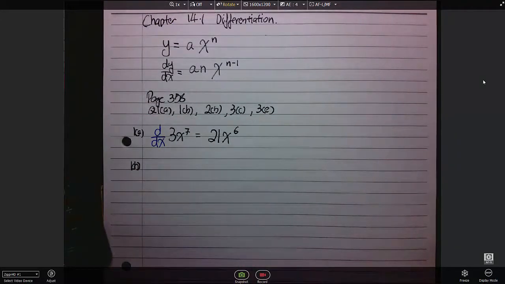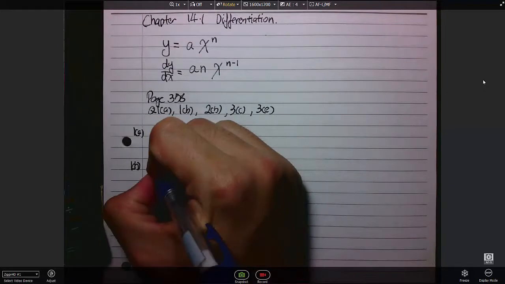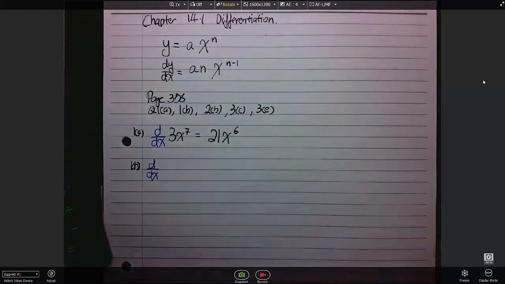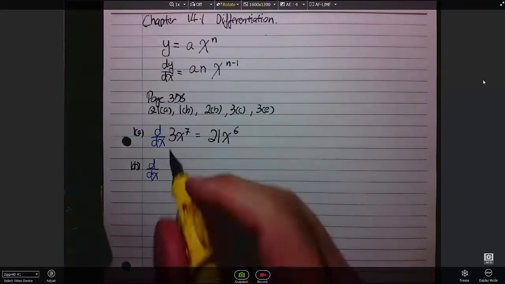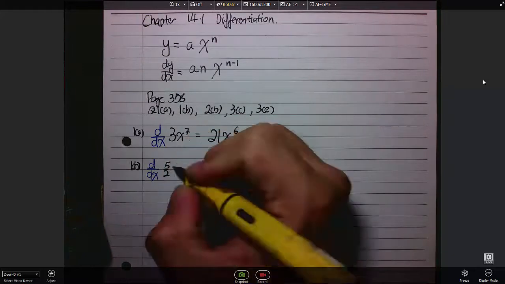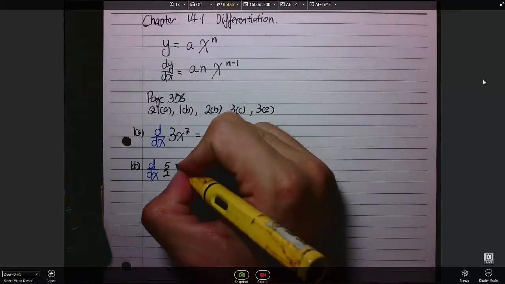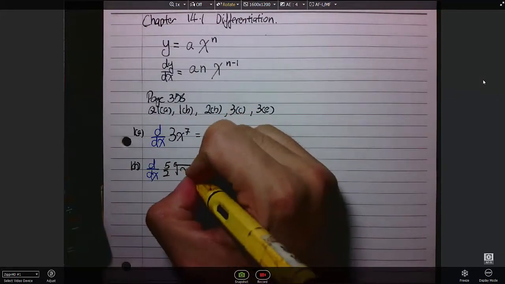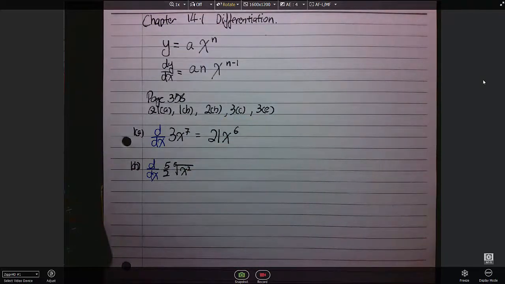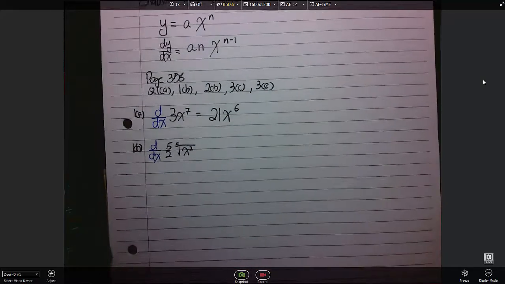1b, they tell us to differentiate 5 over 2 times the fifth root of x squared. So first I'll write down, I will differentiate with respect to x, 5 over 2, the fifth root of x squared. Here's where we have to revise a bit on our laws of indices.